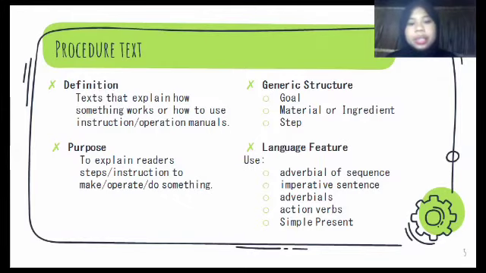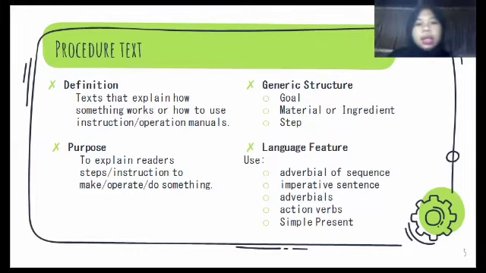And then the purpose of the procedure text. First, to explain or tell the reader how to make or operate or do something through a sequence of actions or steps. Second, to explain steps or instructions to make or operate or do something.